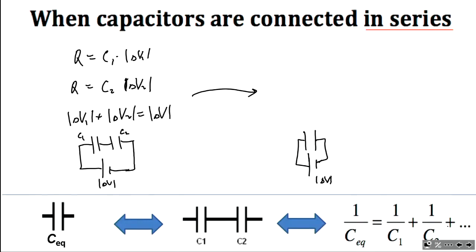But if we connect it to the same battery, we want it to have the same charge. If such a capacitor exists, we call it the equivalent, and its capacitance has a name, the equivalent capacitance for capacitors connected in series. So if that capacitor exists, there is an equation which relates its capacitance, its charge, and voltage.